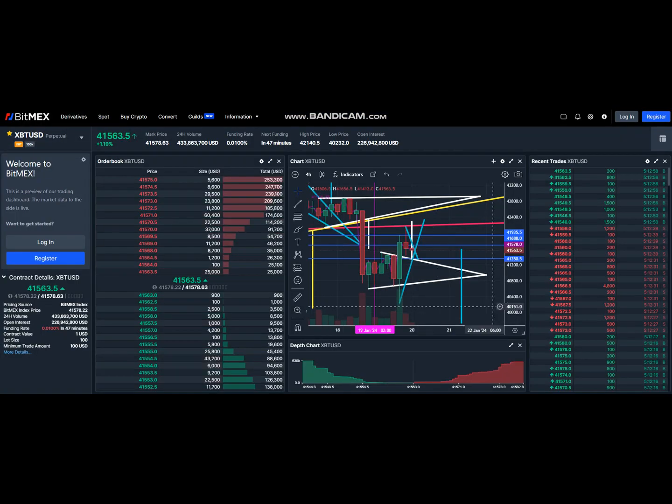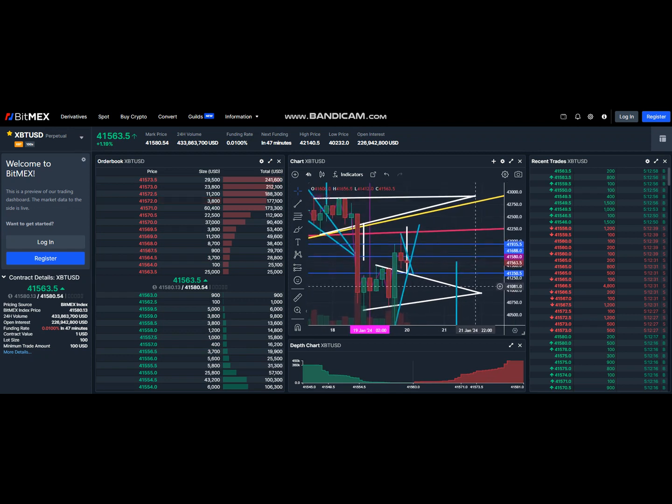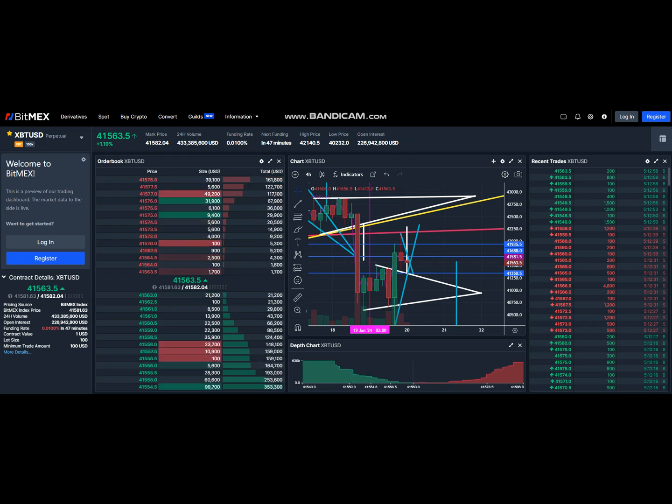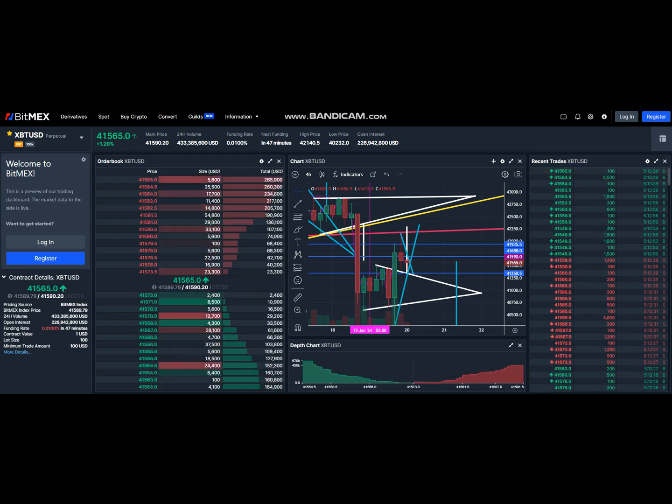This is how your BitMEX trading account looks. At the top, you have already subscribed, and you will log in with all of your details. At the top right hand corner, you will see a section that says 0.0000 XBT. XBT is basically just a different abbreviation for Bitcoin, which is BTC. That is your account balance.